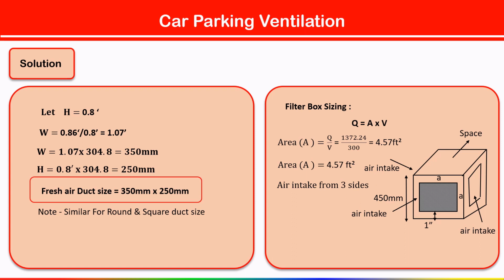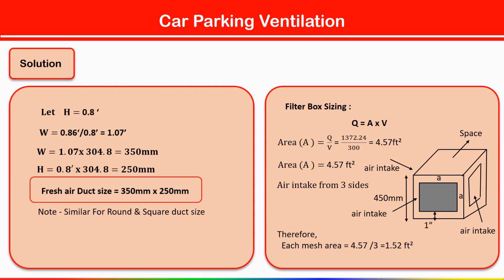So can you tell me the area of each mesh or each filter? The total area of the filter mesh we have calculated is 4.57 square feet. Now air intakes from three sides, therefore each mesh area, or each filter area, we get 1.52 square feet.